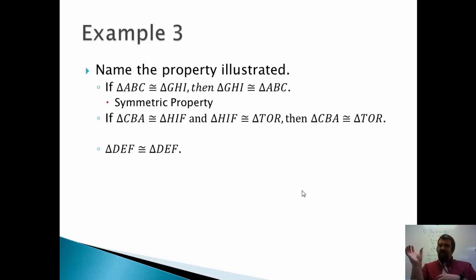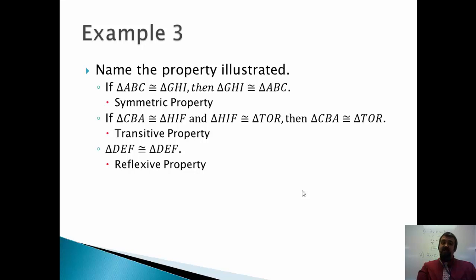Therefore, I'm saying this triangle, CBA, is congruent to this triangle, TOR. That's definitely the transitive property. And if I have triangle DEF congruent to itself, it's like a reflection, although it's spelled differently, we call it reflexive. Alright, that's concept number 6.